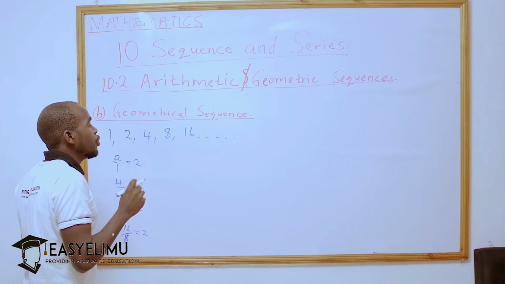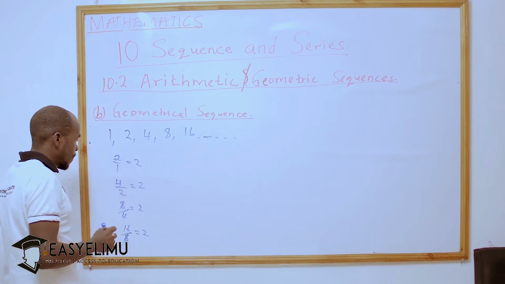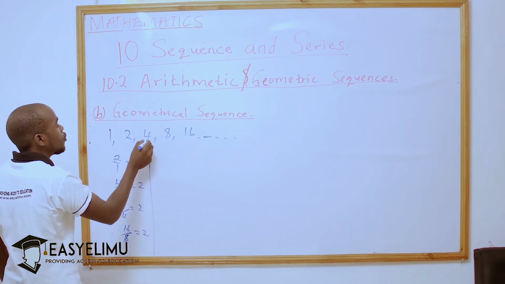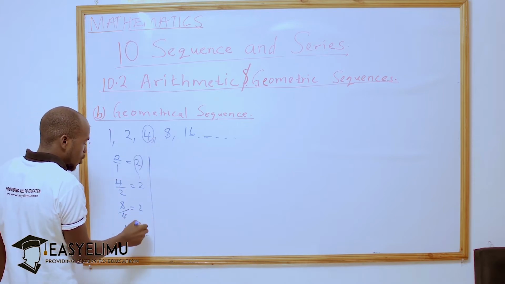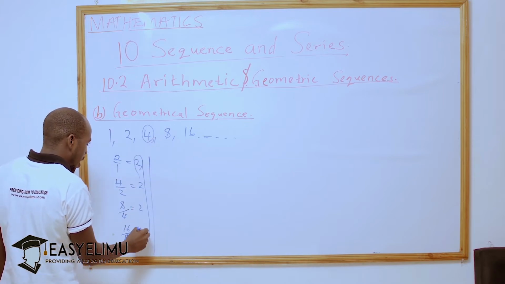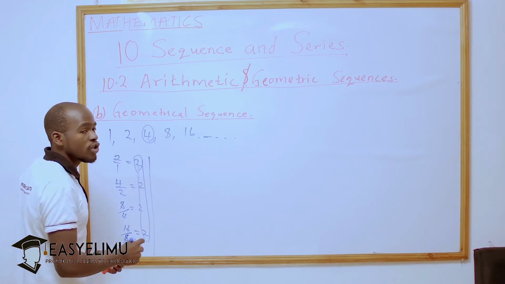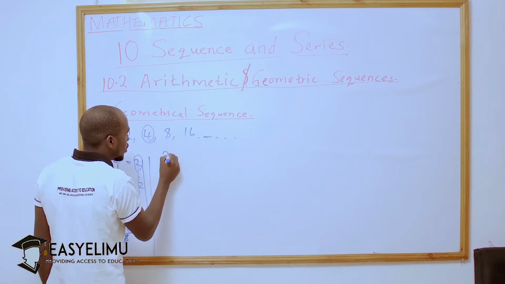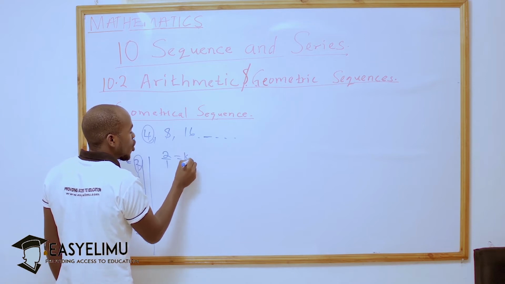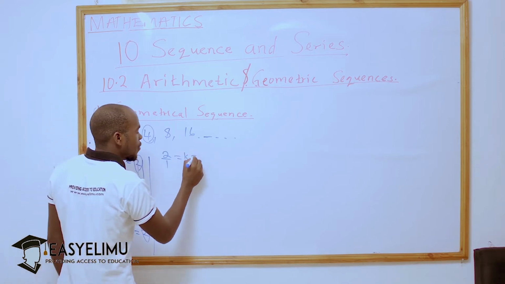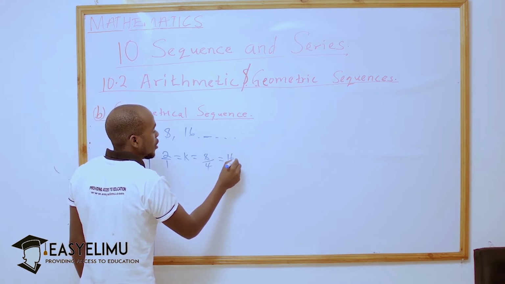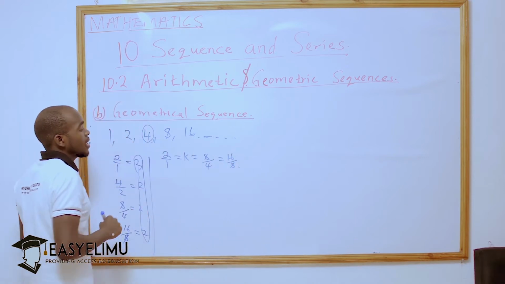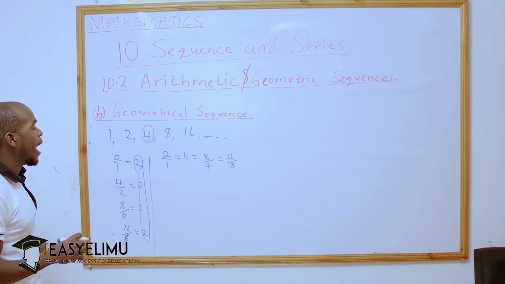Meaning, if you need to find the next term, for example 4, then I need to take this 2, which is now constant here. 2 is constant. So if you take 2 over 1, you get a constant, which is equivalent to 8 over 4, which is equivalent to 16 over 8. That is what we call a constant.